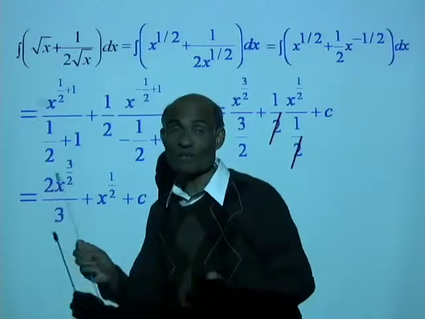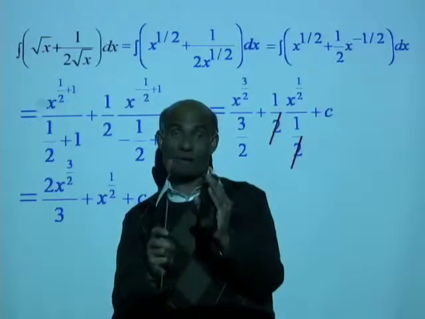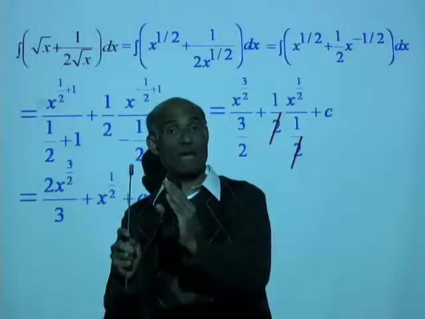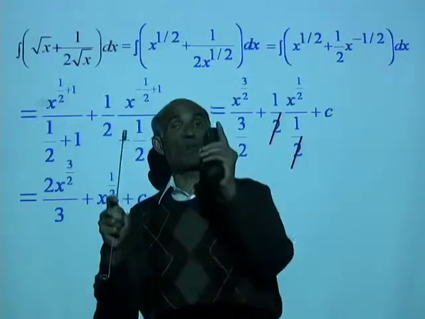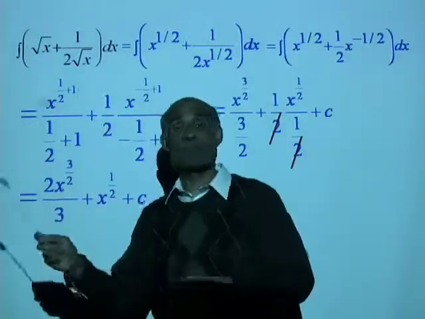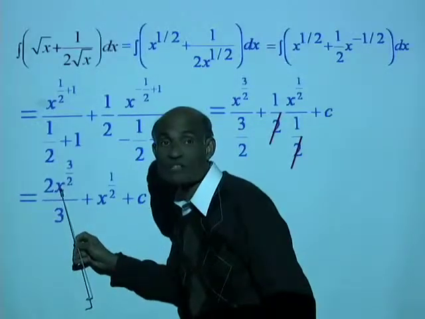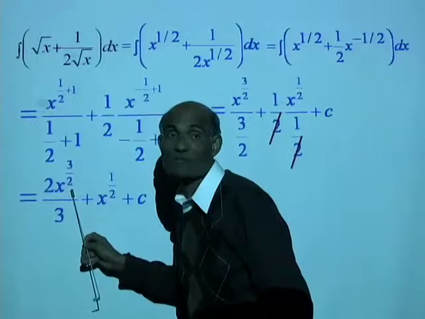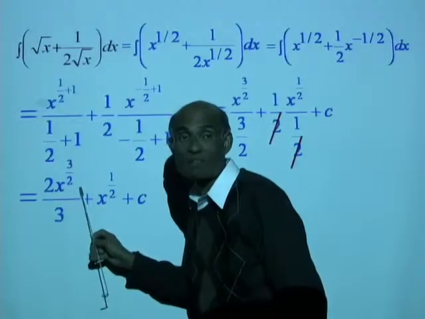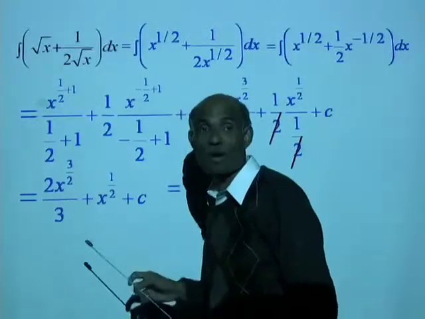Is that right? Because x to the power of 1 times x to the power of 1/2 is x to the power of 1 plus 1/2. That means I have an x to the power of 1/2 common there.